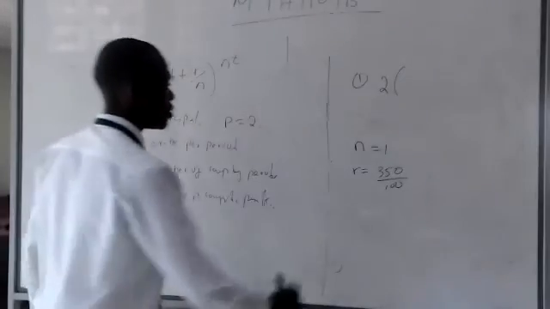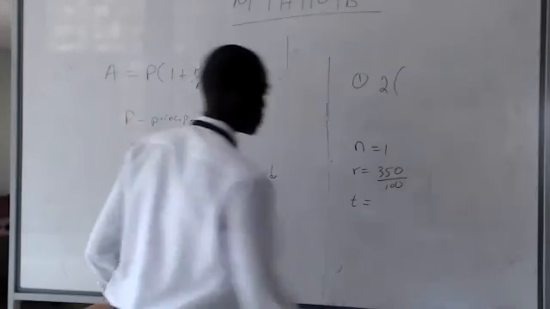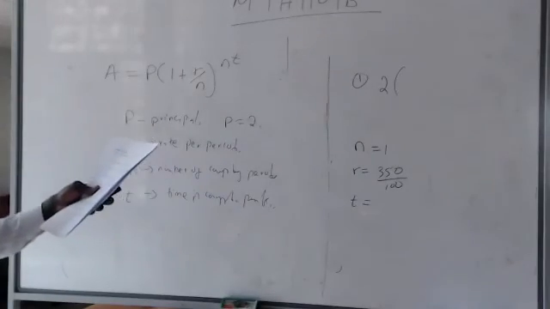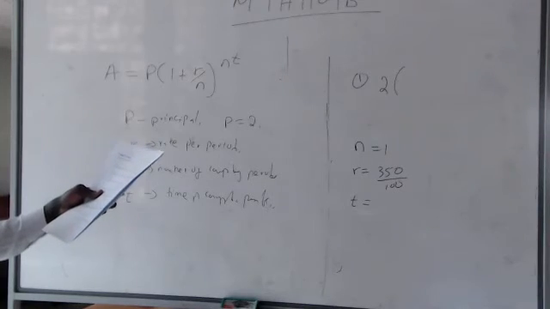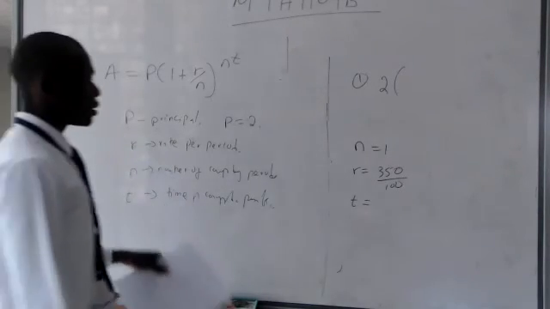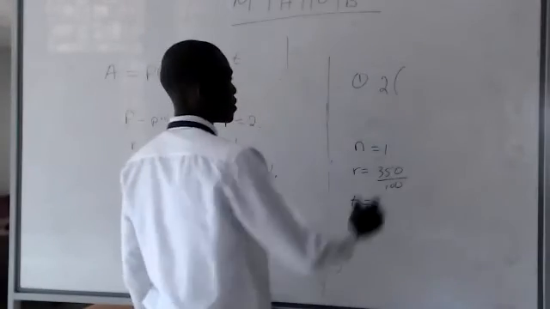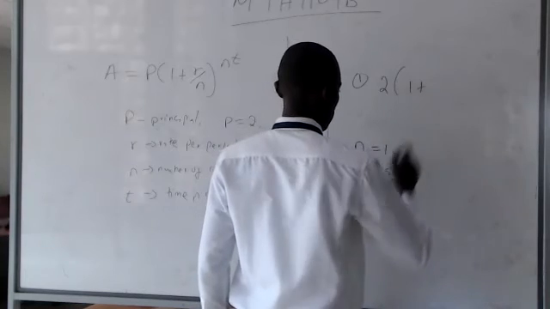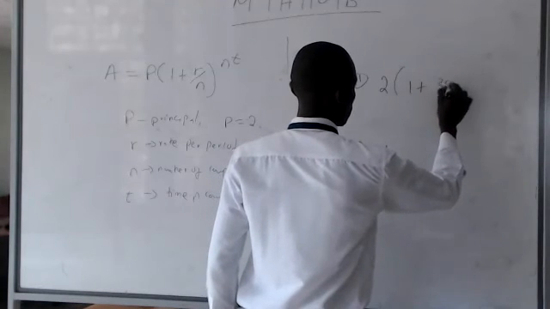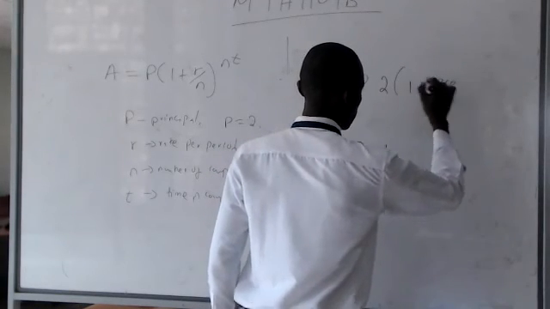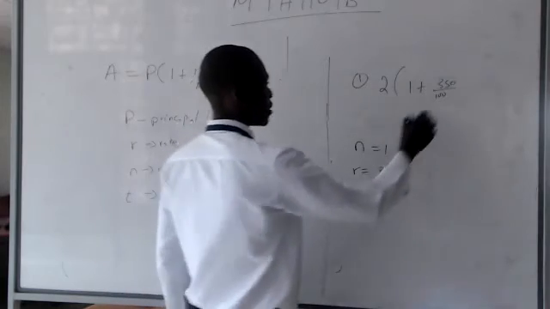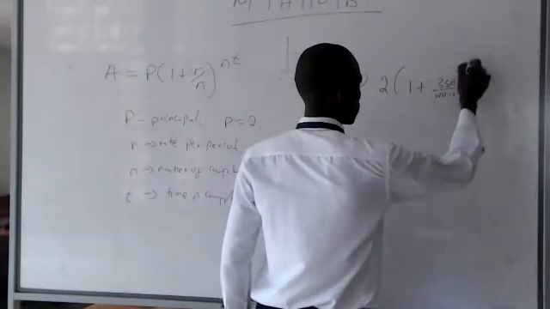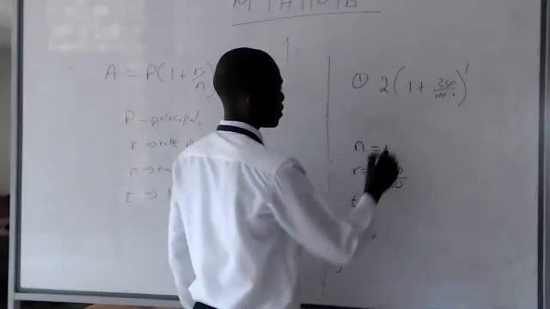What else do we need? We need time, so we need time in weeks. Of course, it's just 1 week. So now we have 1 plus the rate, 350 out of 100, raised to 1 times 1.